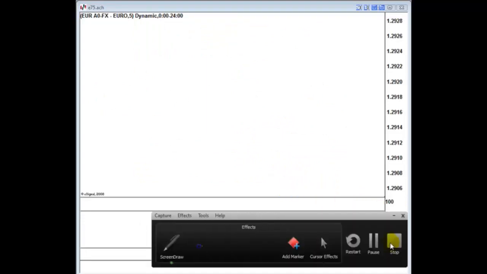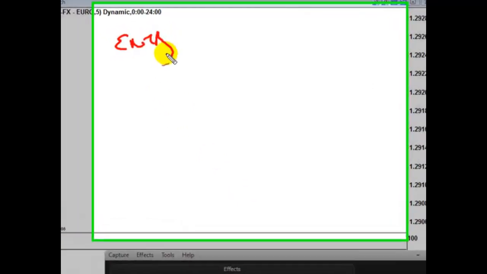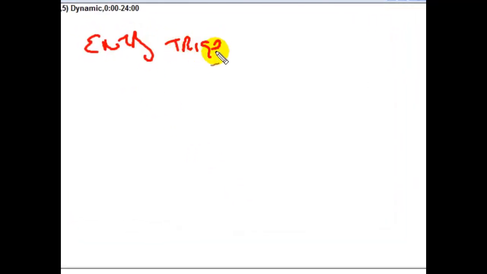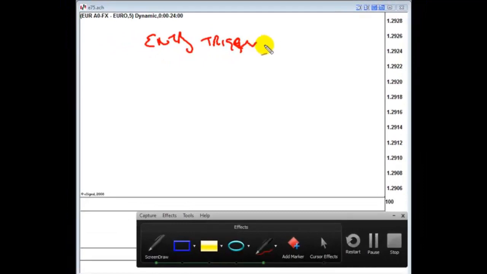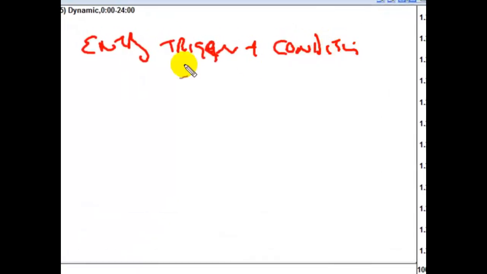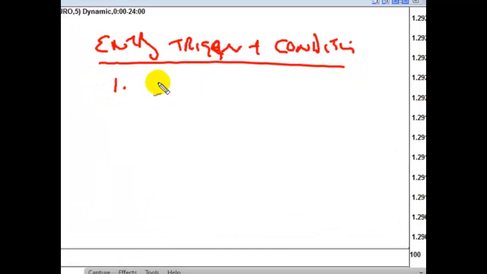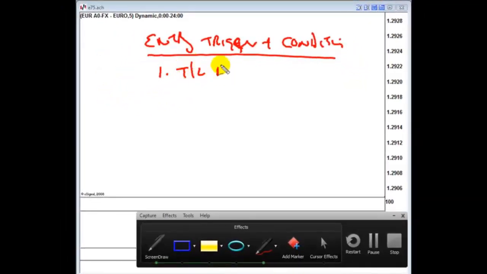So this whole little section here was about the entry trigger and the conditions for that. So the entry trigger is a trend line break plus a close.